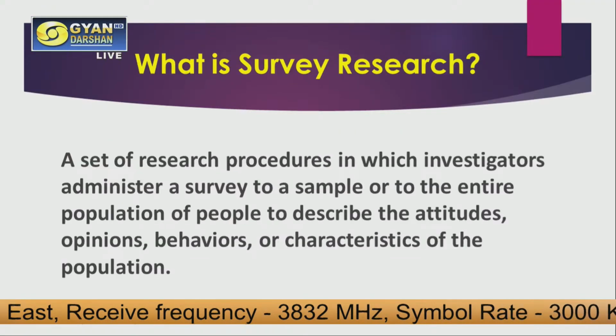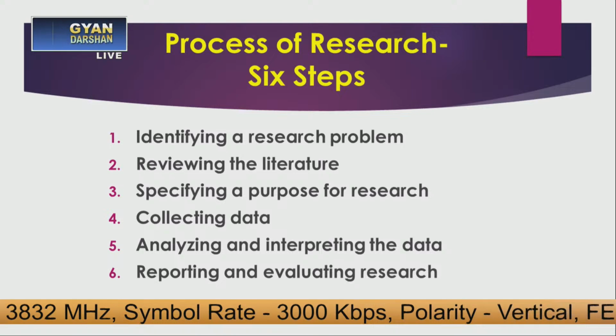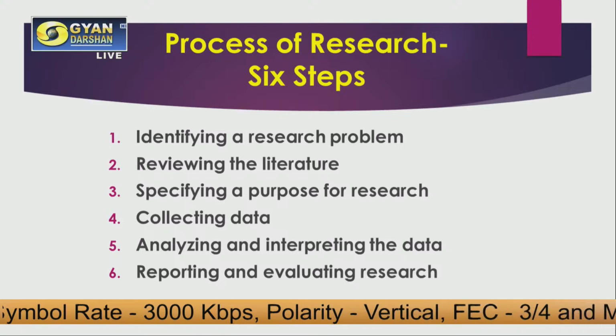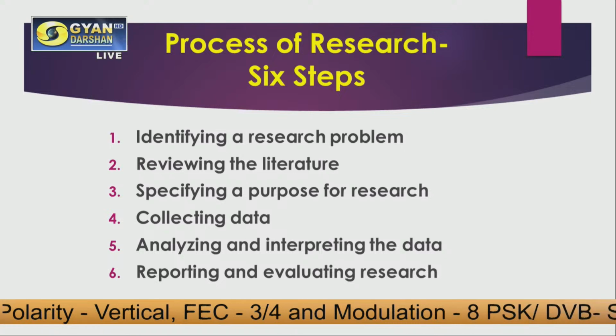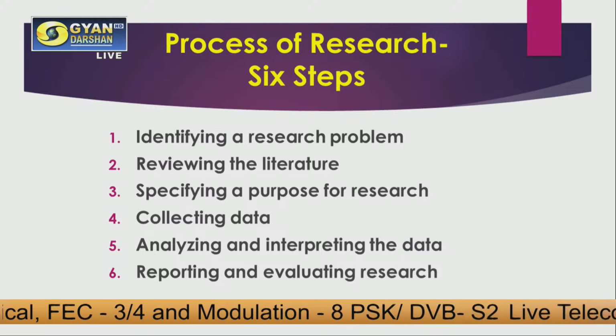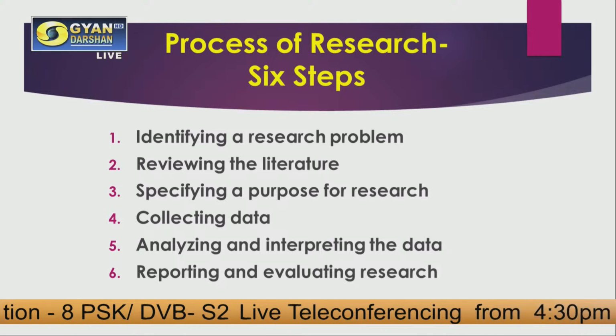So I would request your attention on the screen where you are seeing the processes involved in the research. First, you will identify the research problem, or sometimes we call it a research variable. Then we will review the various studies which are related to the research work.